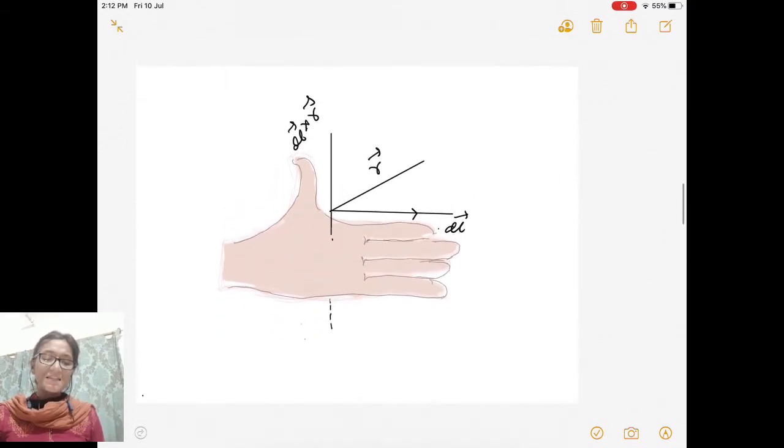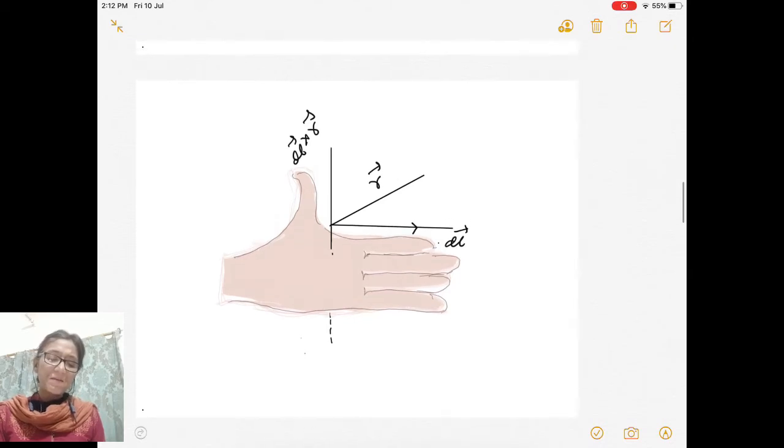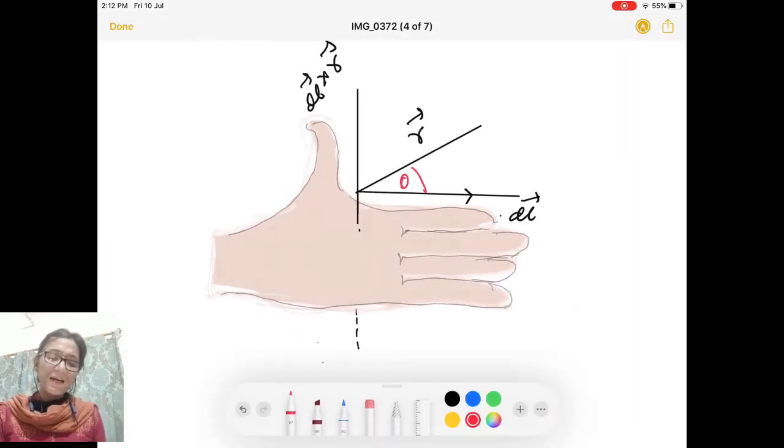Now in the next case, similarly, we have a dl vector along this direction, and the angle between dl and r is theta.